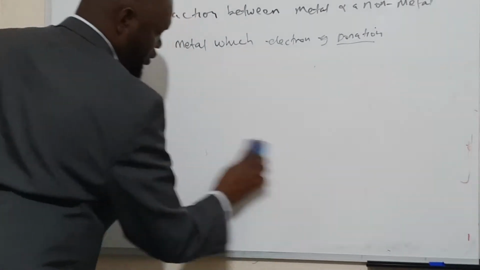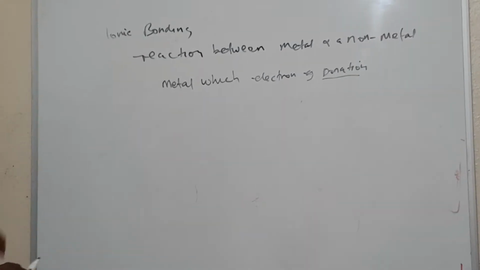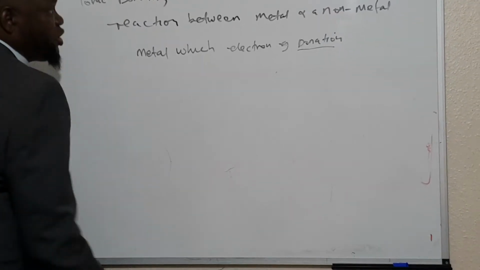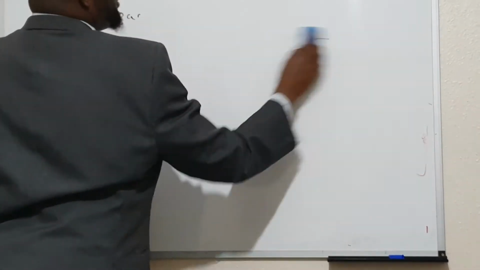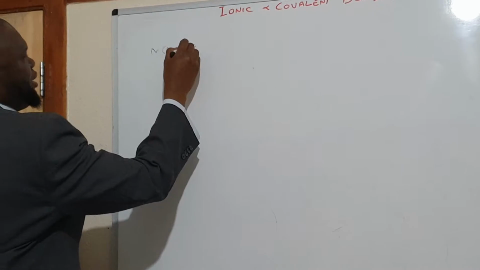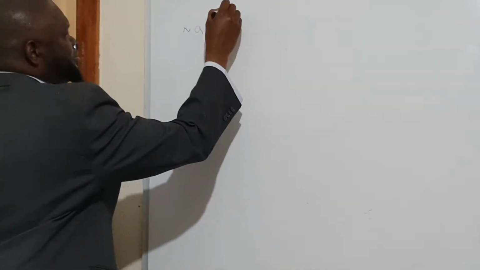Now, these are the metals we have seen. They donate electrons, and when they do, they become ions. Now we are going to demonstrate that by the dot and cross diagram. Let's see between group 1, say sodium, and chlorine, group 7.